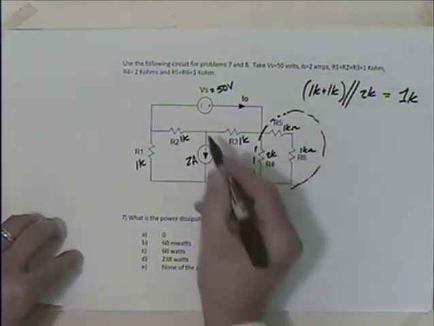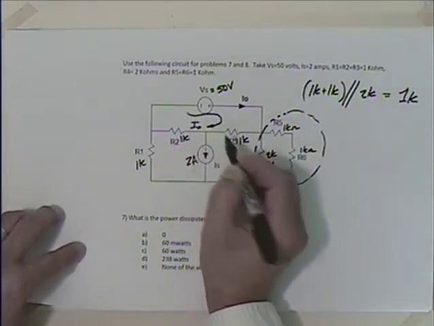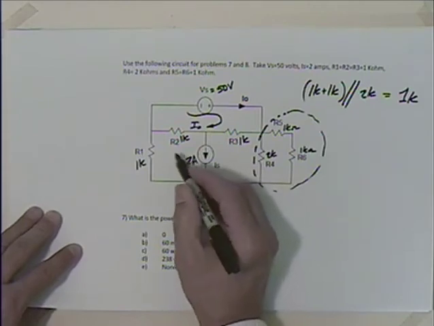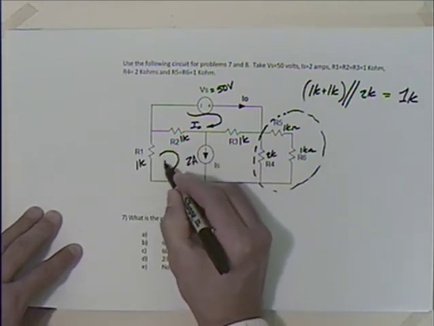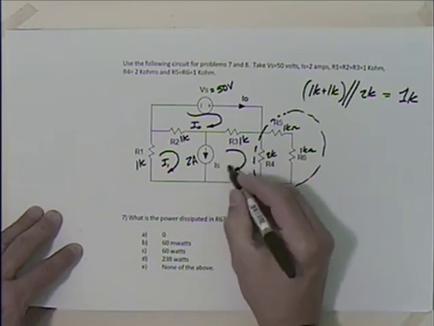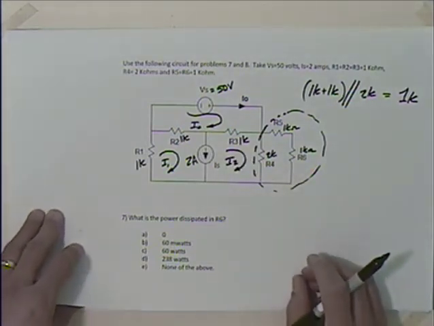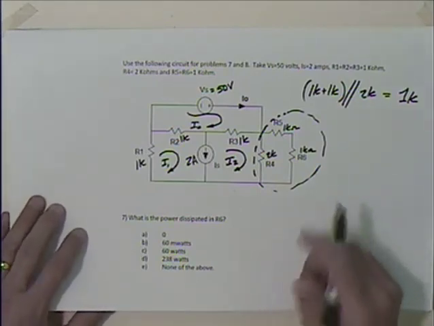So now I'm going to say that this is I naught. I'll go ahead and say that this is I1. And I'm going to go ahead and say that this is I2. And we're looking for the power dissipated in R6.